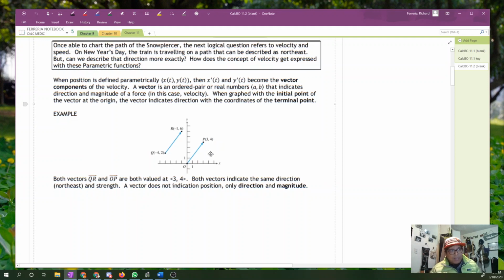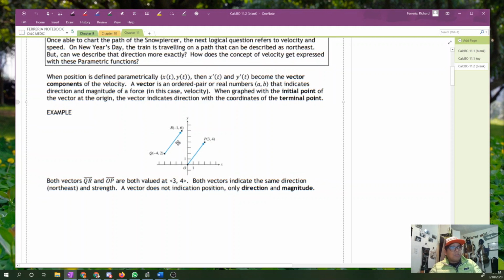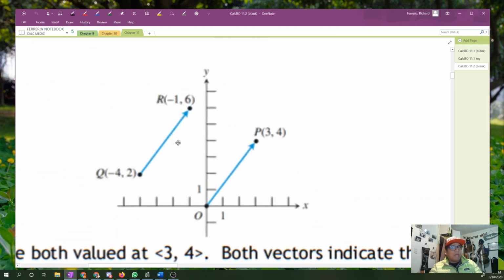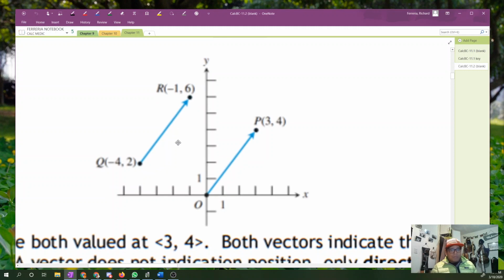So let's take a look at these two here. Let's zoom in a little bit. They are two vectors, but they're really the same vector. Notice that this vertical distance, from 2 to 6, is 4. And from here to here, this vertical distance is also 4.